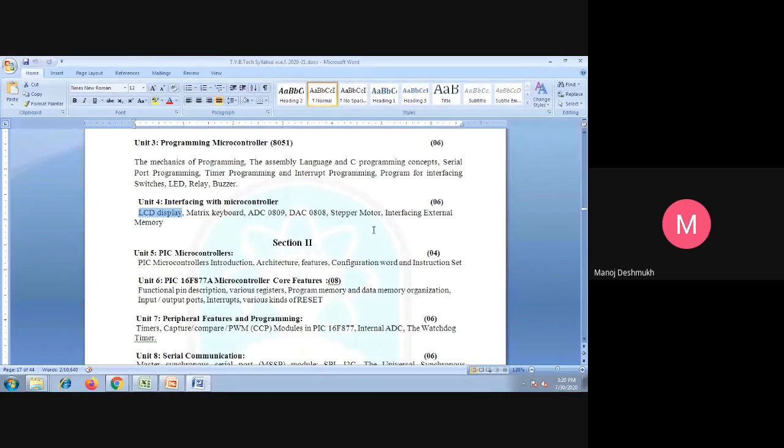LCD and motor are output devices. LED is also an output device, and if you interface a buzzer, it is also an output device. Mention these two, after that write down the outcomes.